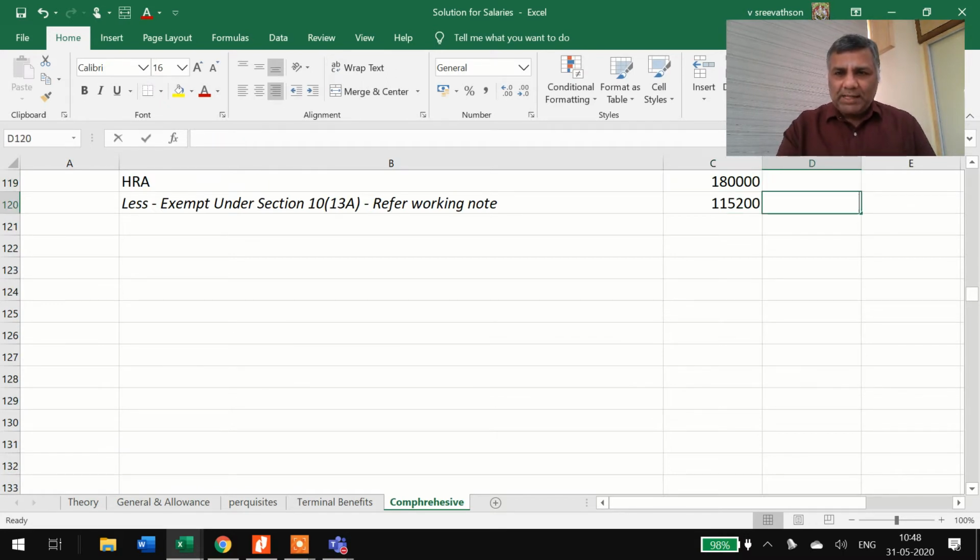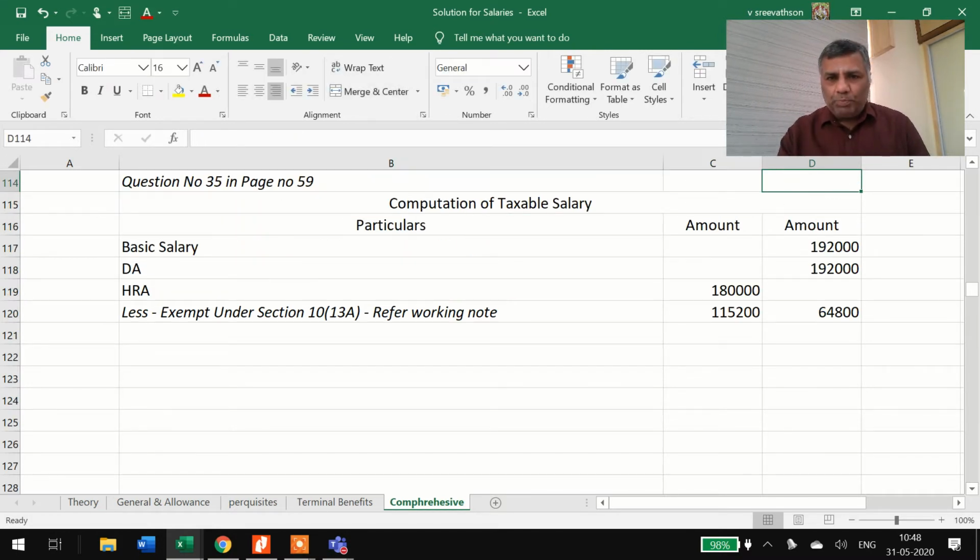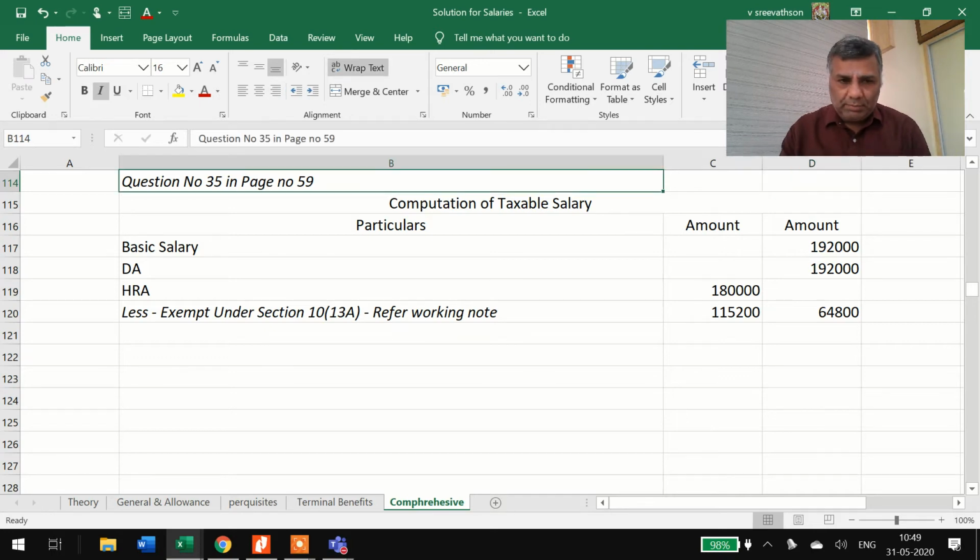So the taxable component will be 1,80,000 minus 1,15,200. Any doubt, please ask me. Whatever we did as main answer becomes a working note. That's all.